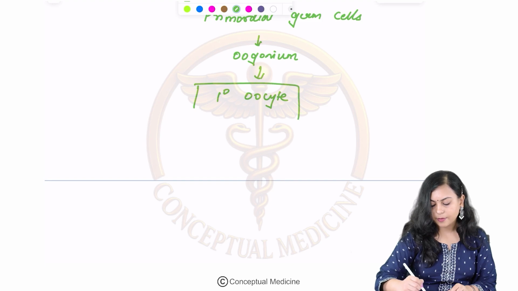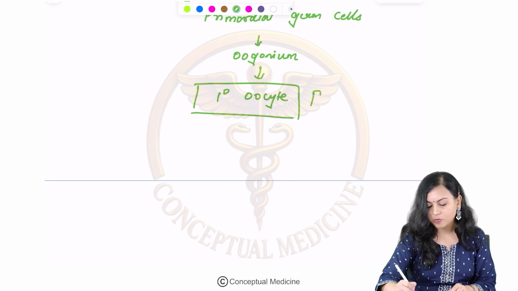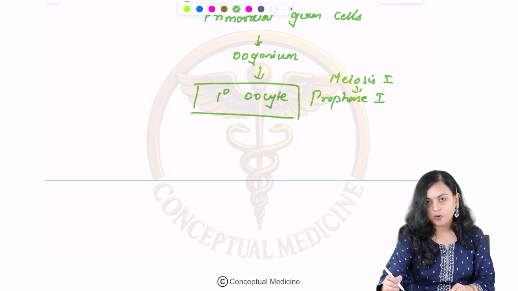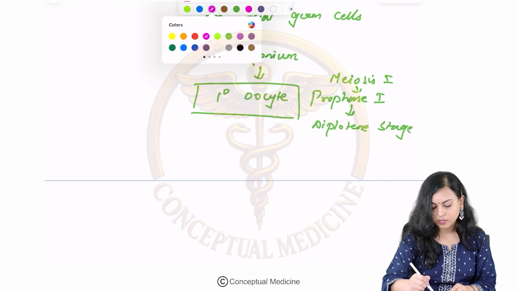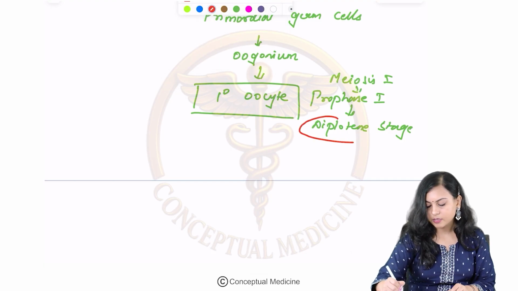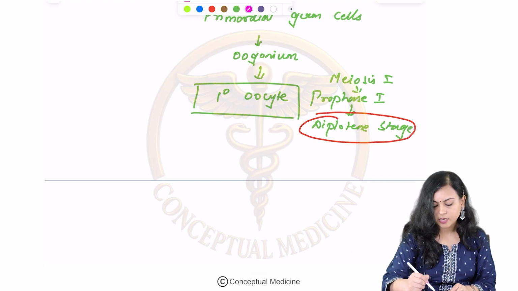Now this primary oocyte undergoes meiosis 1, but as it undergoes prophase 1 of meiosis 1, it is arrested in the diplotene stage. So there is an arrest at the diplotene stage.